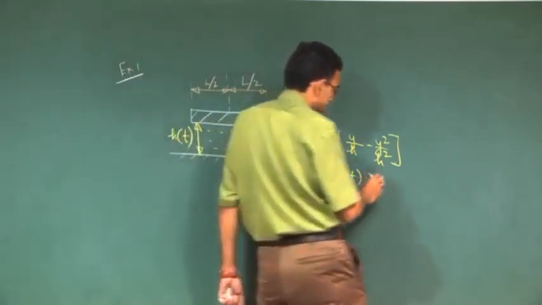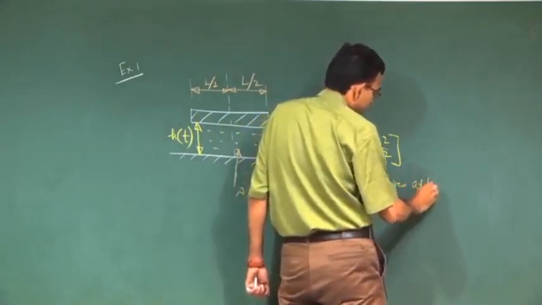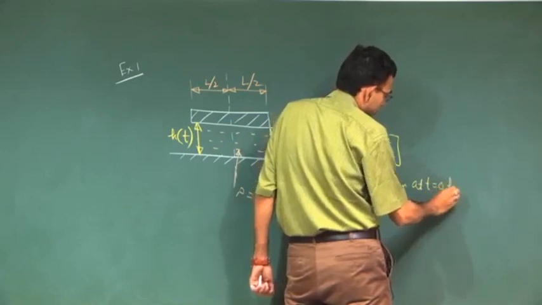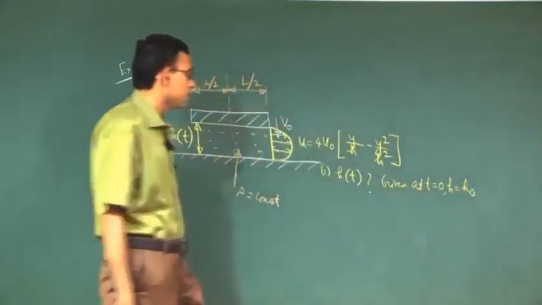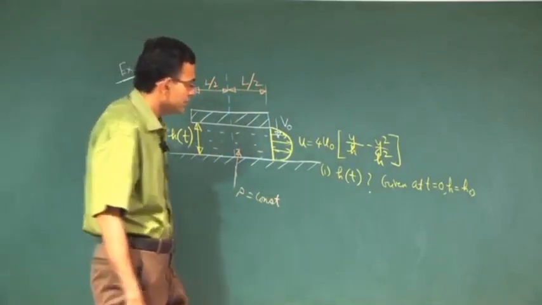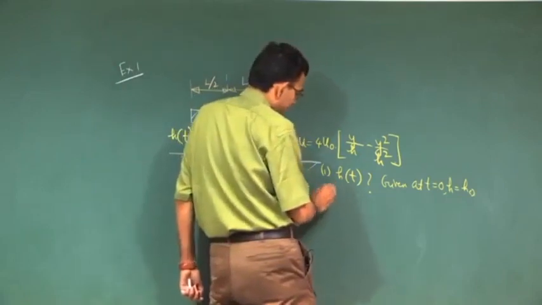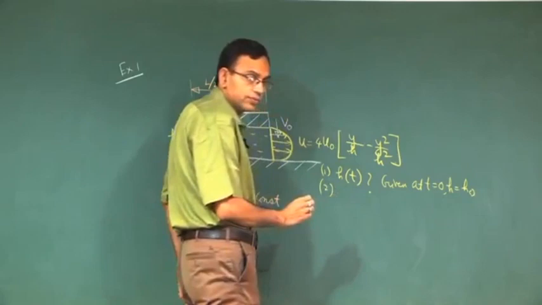Given that at t is equal to 0, h is equal to h0, what is the relationship between u0 and v0?